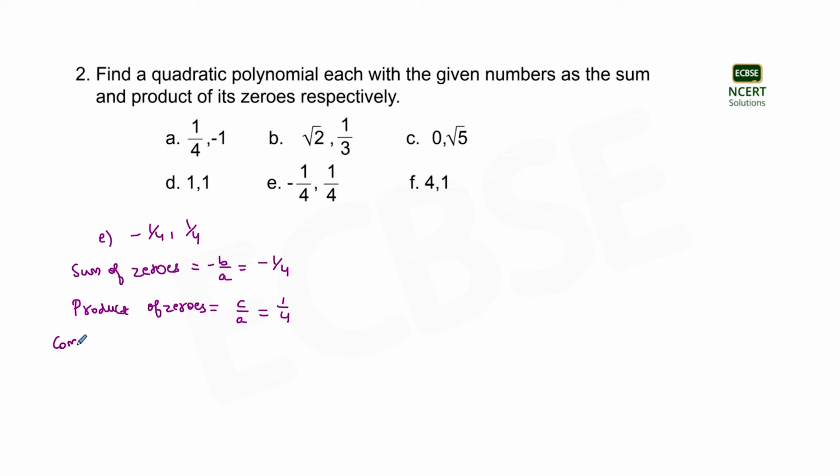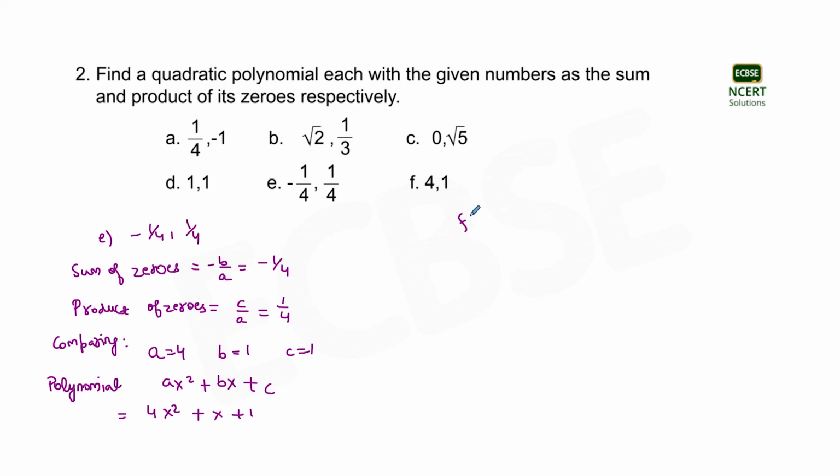So on comparing, a is equal to 4, b is equal to 1, and c is equal to 1. Now the polynomial ax² plus bx plus c, putting the values of a, b and c respectively, the quadratic polynomial we get is 4x² plus x plus 1.